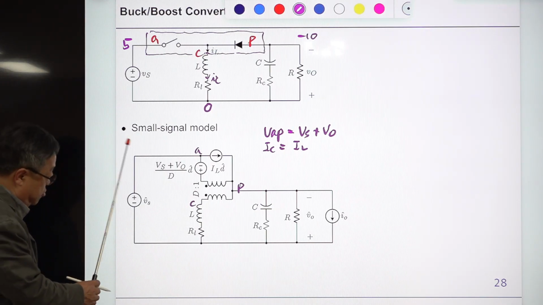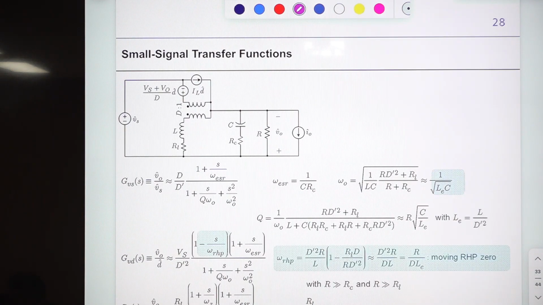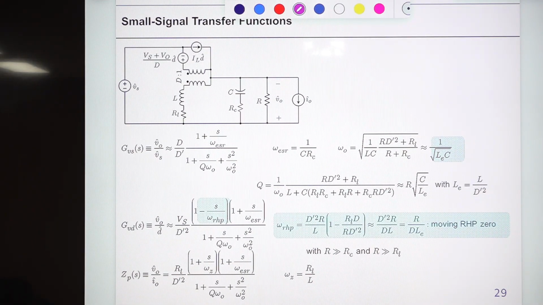Then you can perform the same analysis as in the case of the boost converter, and you have the result here. This is the small signal analysis result of the buck boost converter, very similar to the case of the boost converter.